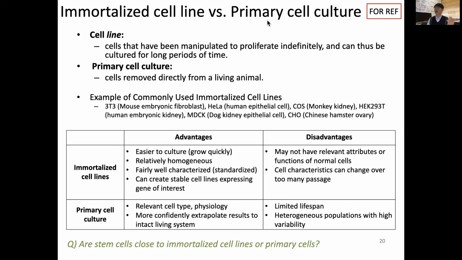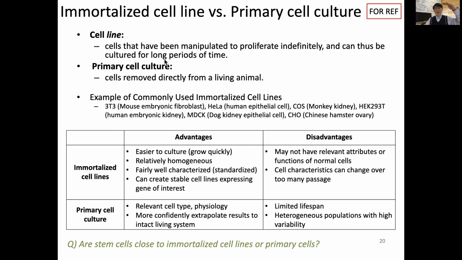So first, when we say cell line, that means those cells have already been manipulated to proliferate indefinitely and can thus be cultured for long periods of time.